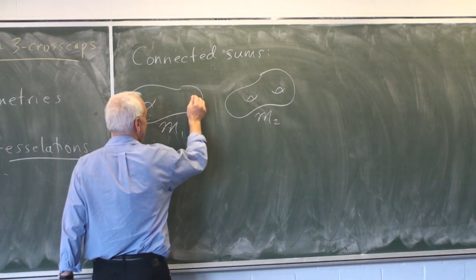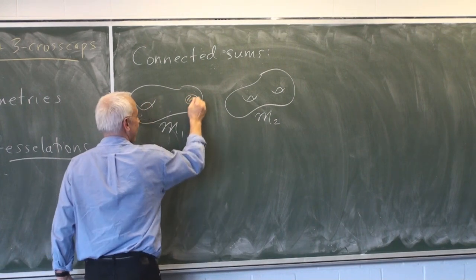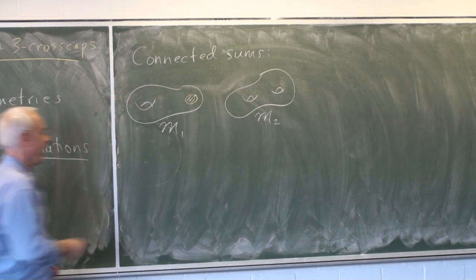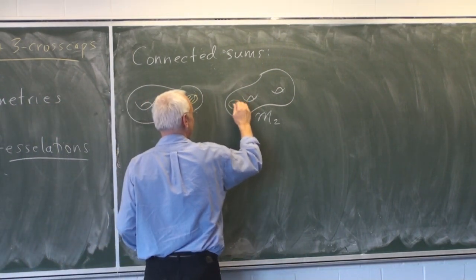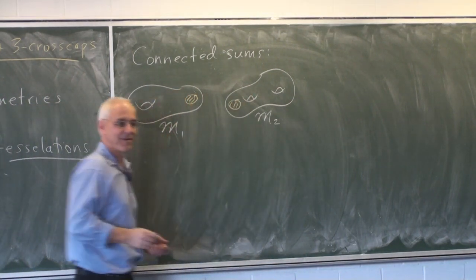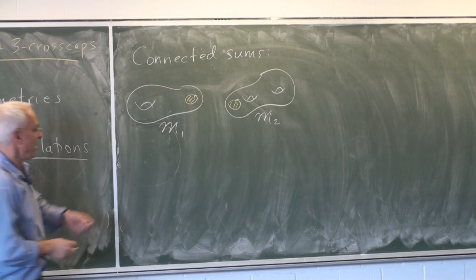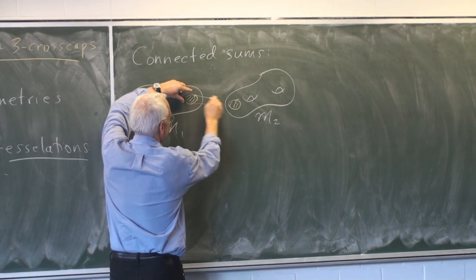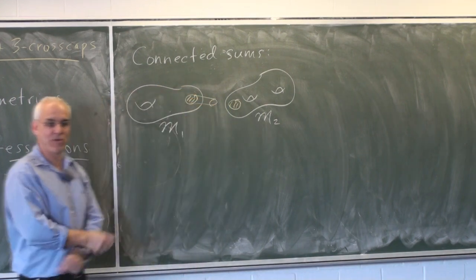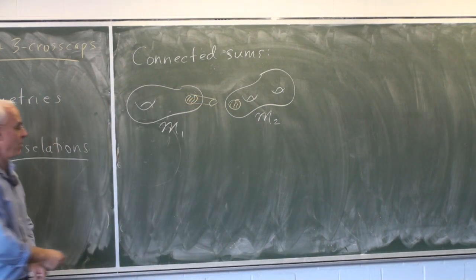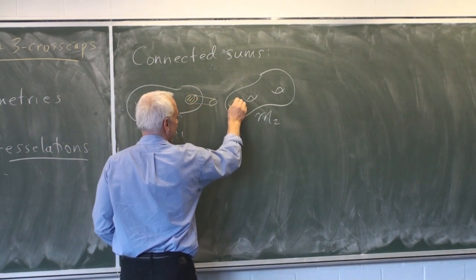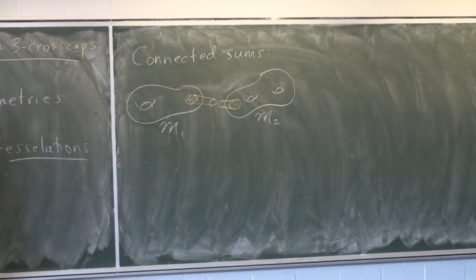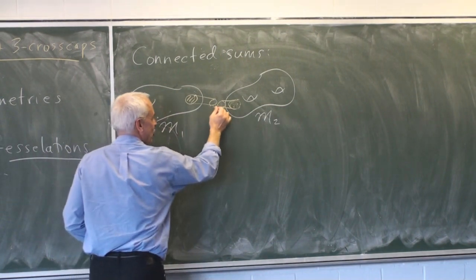Then what we could do is drill a hole in this surface, and drill a hole in that surface. And then we could take that hole and lift it out so that it's a little tube. And we could do the same thing for the other one, and then we could glue those tubes together.